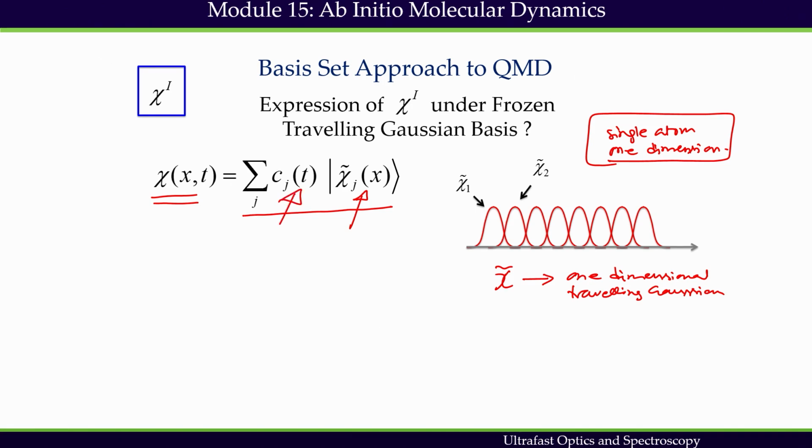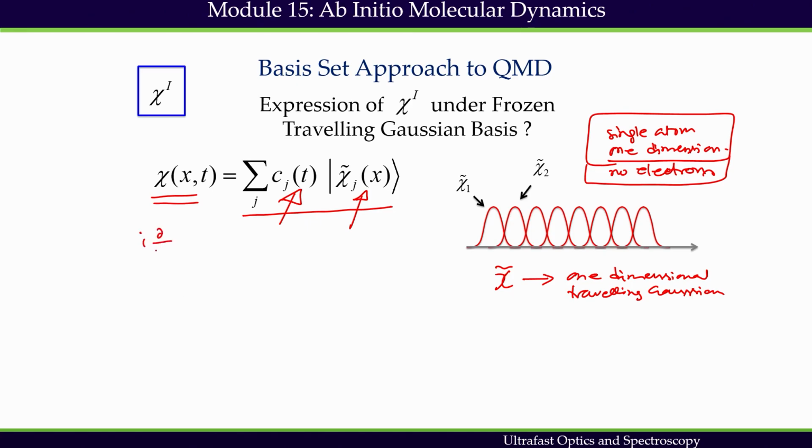Also we are not considering any electrons, so we do not have an electronic wave function. It's just an assumption. Under this assumption, we'll try to understand what is going on if we plug that into the time dependent Schrodinger equation.